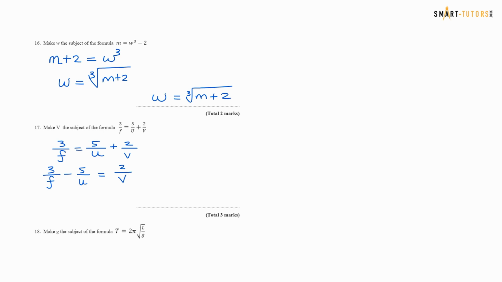So we'll do the butterfly method. 3 times u is 3u, so the butterfly method means you multiply 3 with u and you multiply 5 with f and you multiply the u and f at the bottom. That is the butterfly method. So 3 times u is 3u minus 5f over fu or uf, it doesn't matter, equal 2 over v.